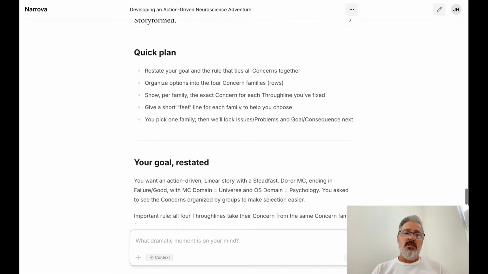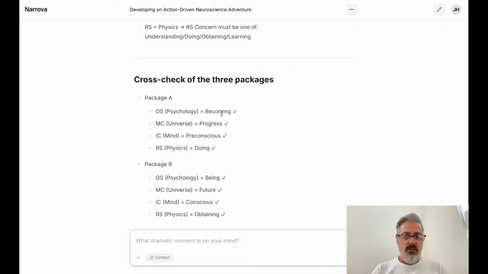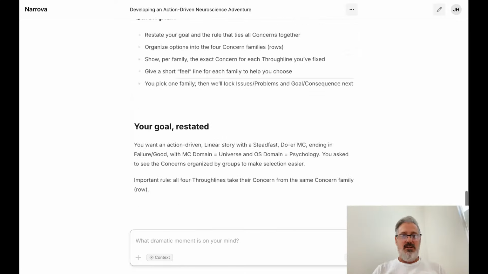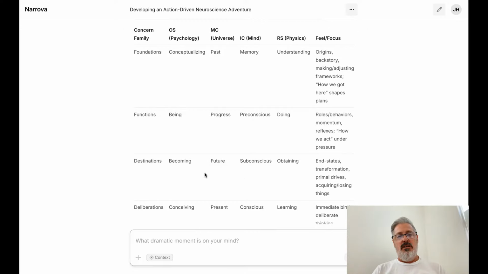So for instance, in the very first one here, it has becoming, progress, preconscious, and doing. So one of these is not right. And if I go down here, these are the four valid rows. So here, progress, preconscious, doing, it should have been being, right? So roles, behaviors.